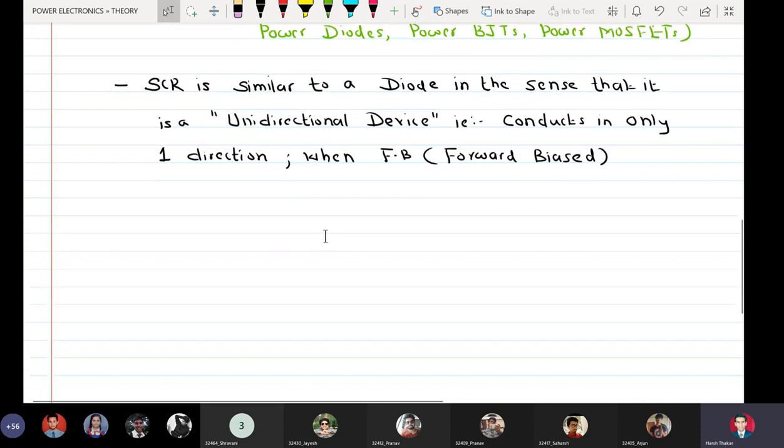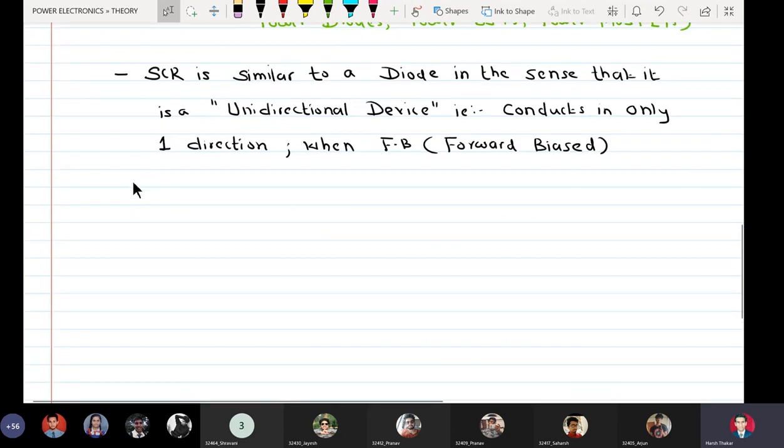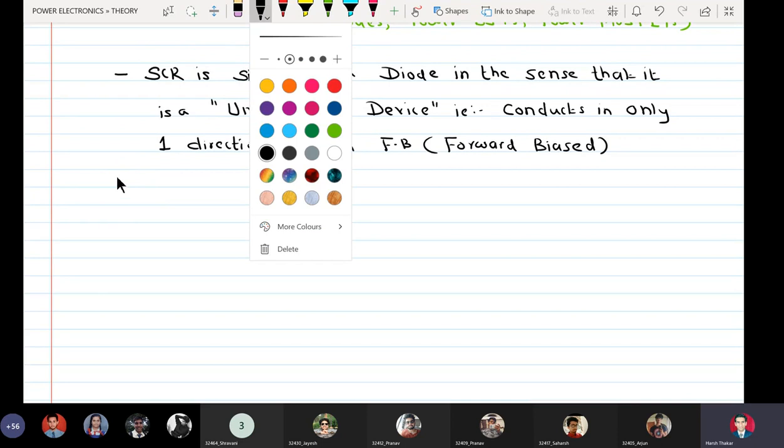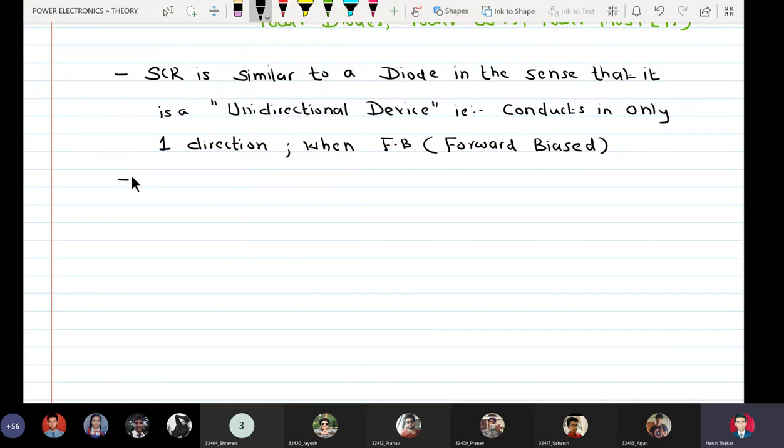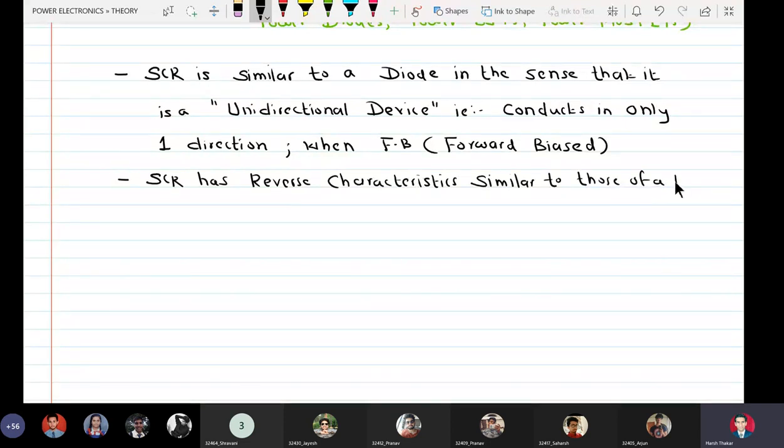So while we have enlisted the similarity between SCR and diode, now we must enlist the dissimilarity between both of them. So another similarity is, SCR has reverse characteristics similar to those of a diode.